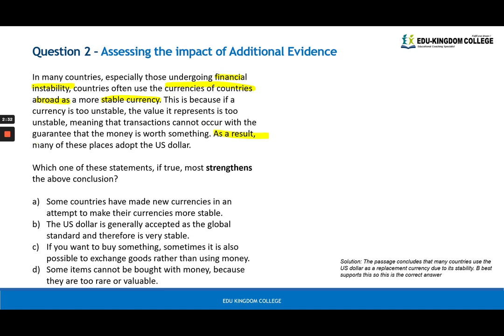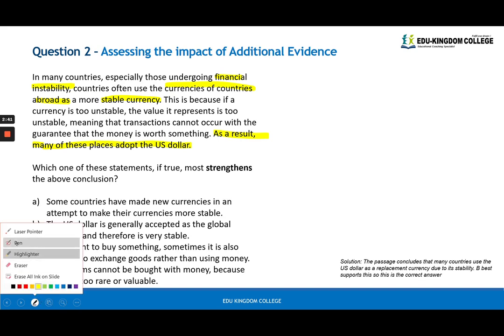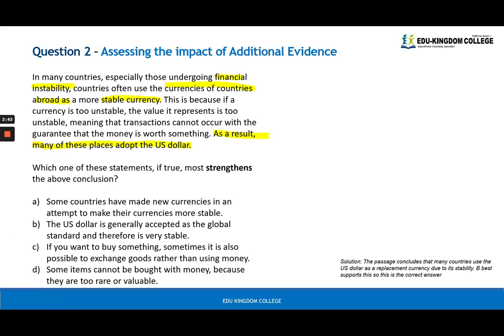As a result, many of these places adopt the US dollar. So basically, to find this stability, we are using the US currency as a replacement currency. That is the main idea of this passage.